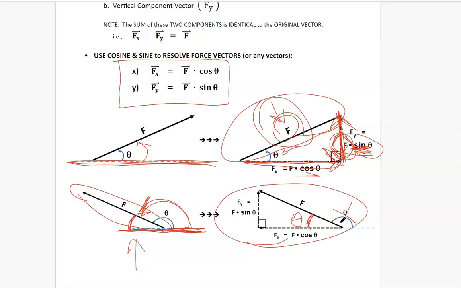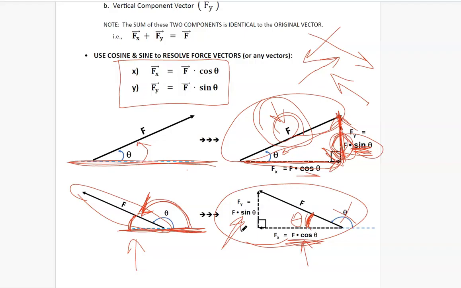So what I strongly recommend you do is anytime you get a force vector, whether it's pointing down like that or up like that, or up this way or down this way, just make a right triangle where the force vector is the hypotenuse of a right triangle. Draw the right triangle. Forget about finding the official angle that might be on the outside of the triangle. Just find the angle on the inside. Do the same calculations, cosine times force to get the x component, sine times force to get the y component.